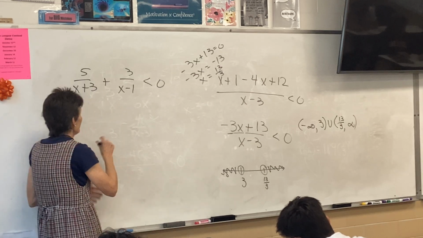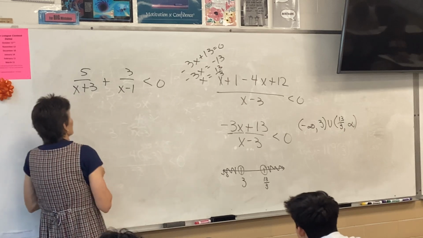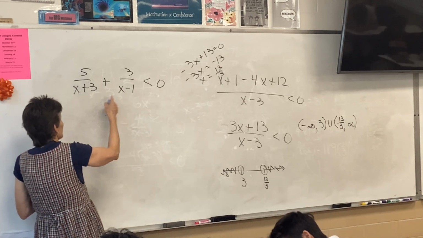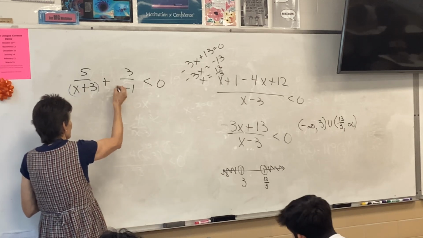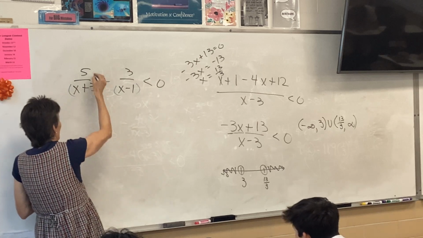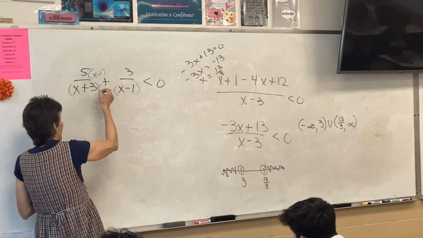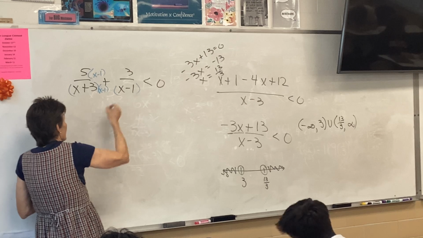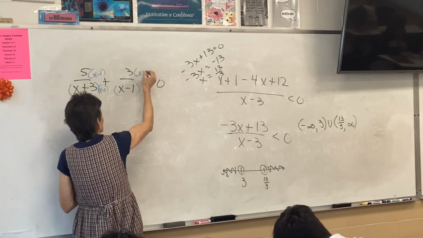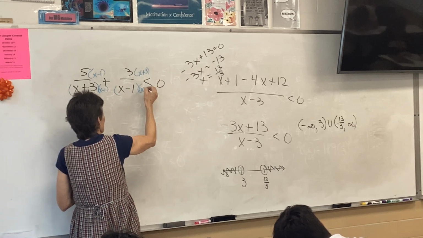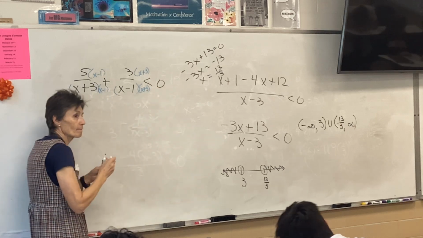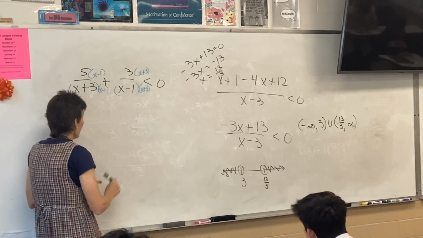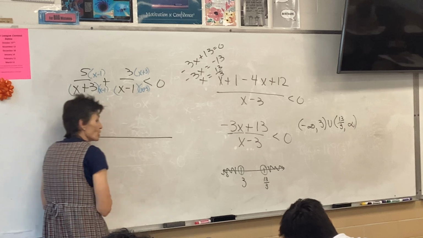The common denominator. So, remember, the common denominator has to have both of these. So this one needs an x minus 1, and this one needs an x plus 3. Would you agree with that? So now we can write one fraction.